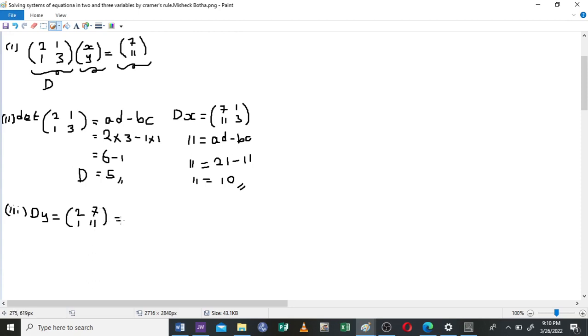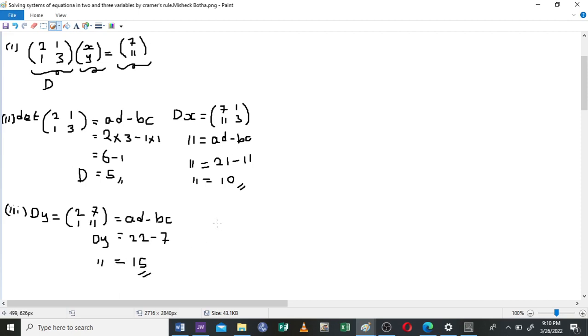Again, we need to find the determinant here, so we have AD minus BC, right? Now what this means is that we are going to get the determinant of Dy to be 22 minus 7. Now what this is going to give us is nothing but 15, right? So we're going to get 15.